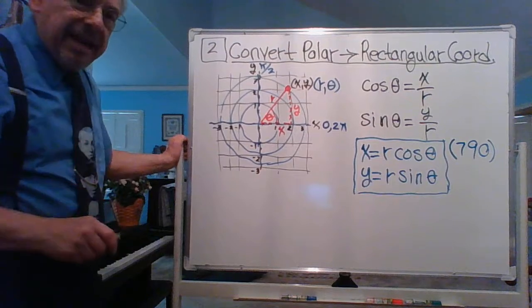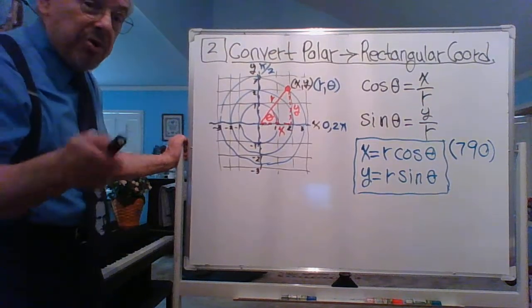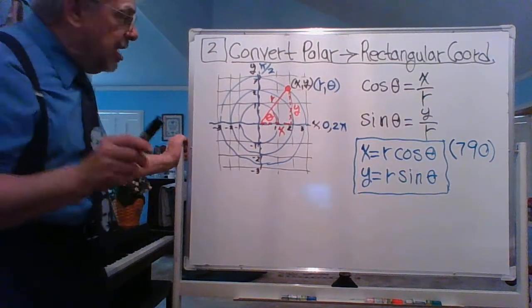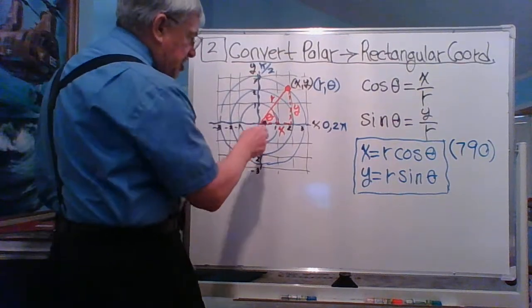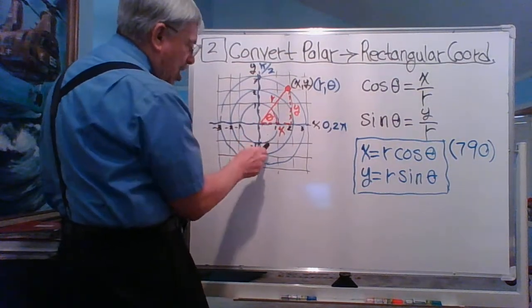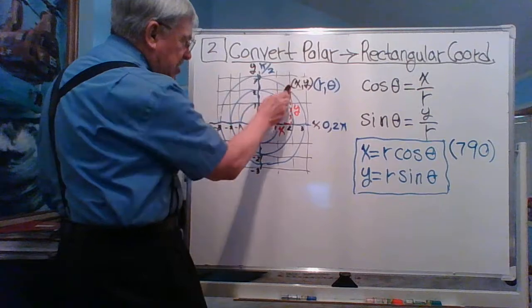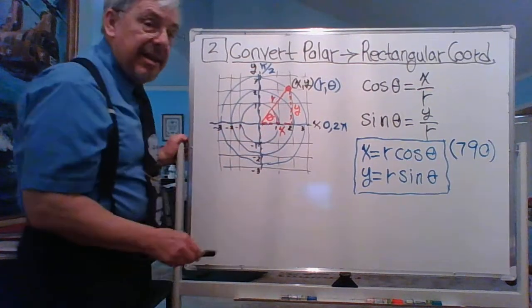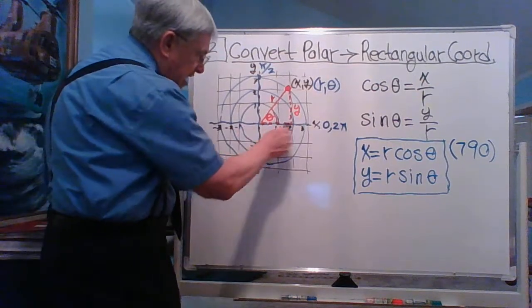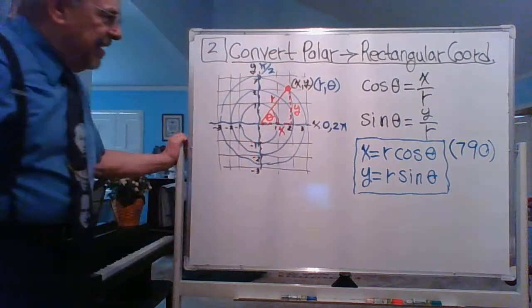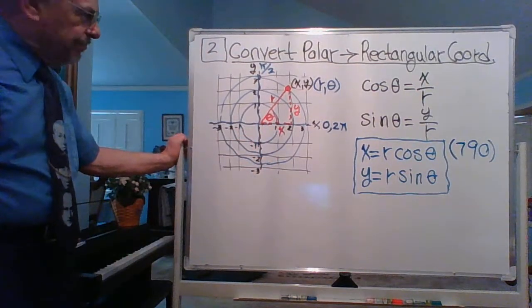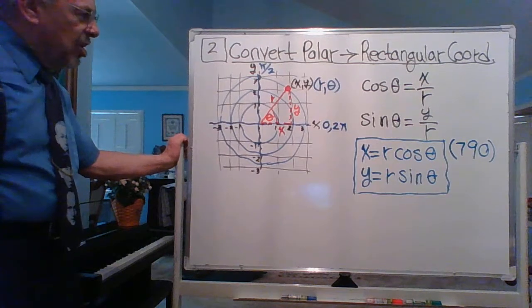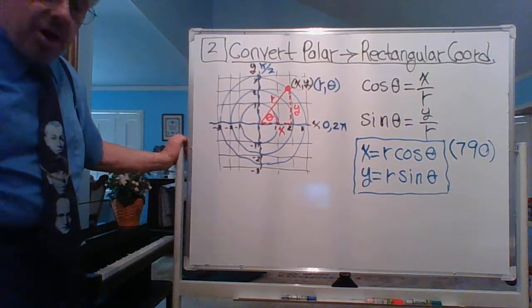So in both coordinate systems, I draw a general right triangle. So here's a general right triangle, drawn at angle theta out to r, and on the opposite side I have the y measure, and on the adjacent side I have the x measure. Okay, so I can look at theta and take the sine and cosine of theta.